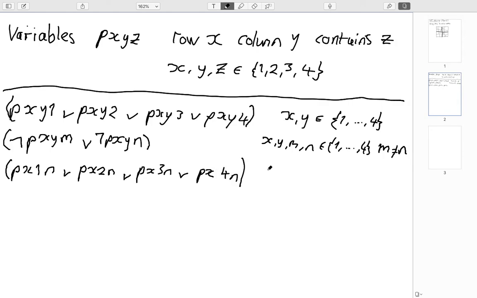And this is, of course, for every x, so for every row, and every number that we're considering that must appear in the row. So for every x and every n, taking values from 1 to 4.